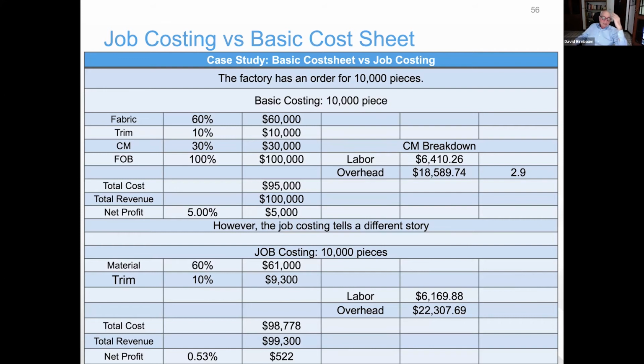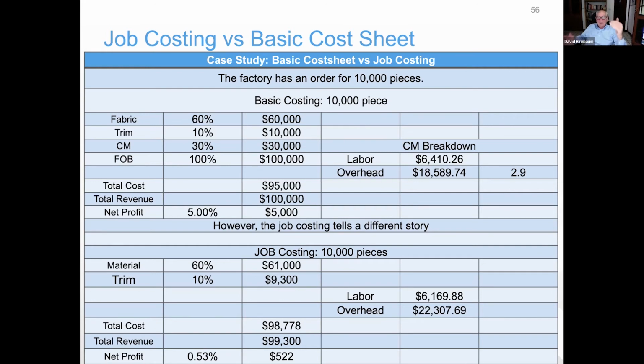And this is where job costing comes in. The job costing is based on reality. If you produced 10,000 pieces, the fabric costs you $60,000, the trim $10,000, the CM $30,000.